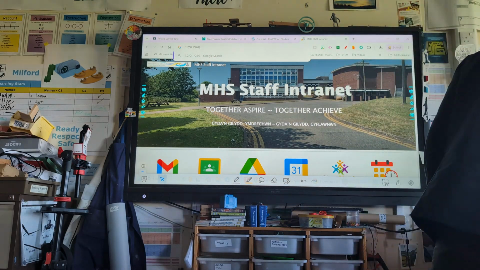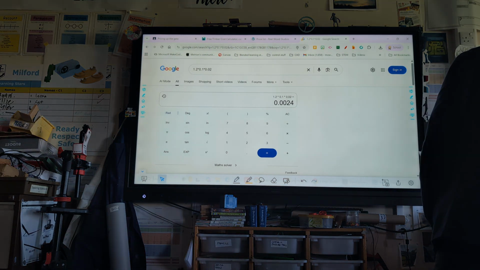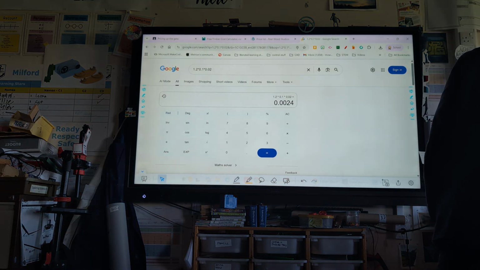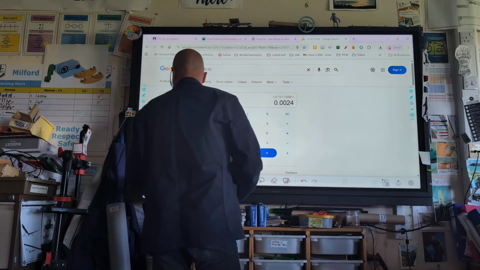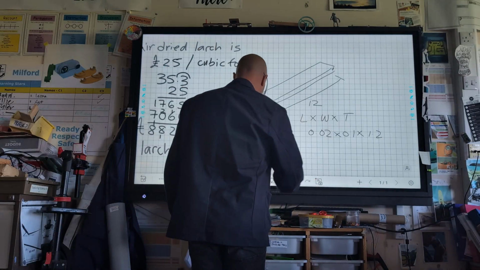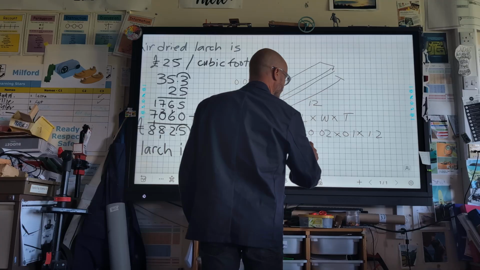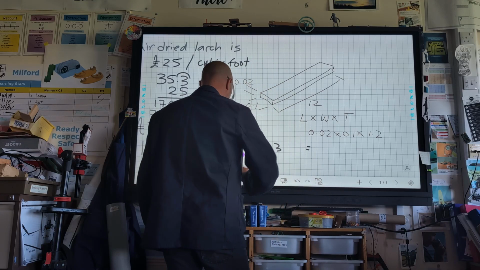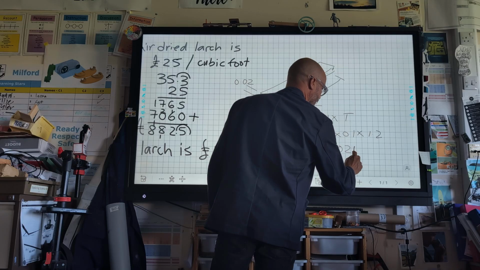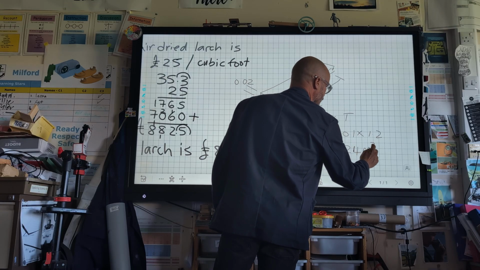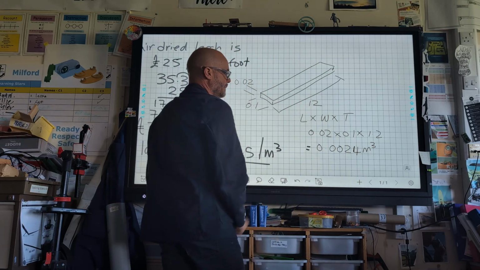Yes. Right, so hit enter and we're looking at 0.0024. Just remember that. 0.0024 meters cubed. That's the volume of that piece of timber.